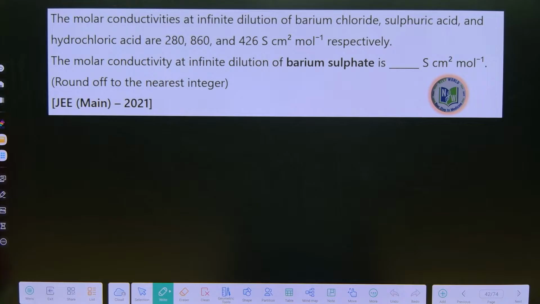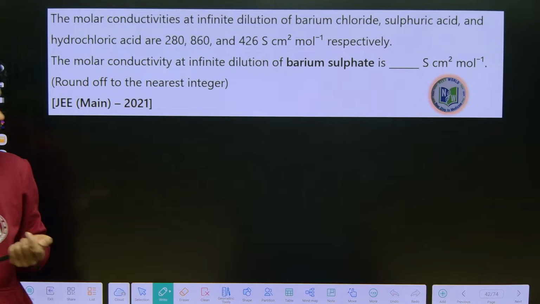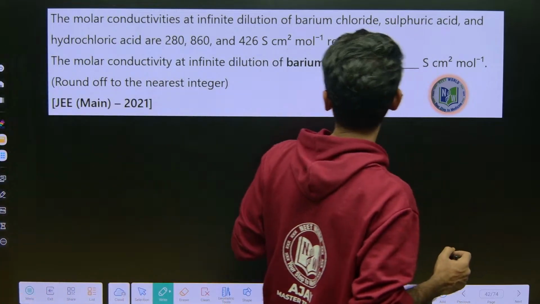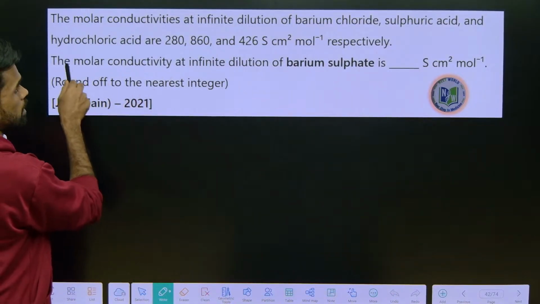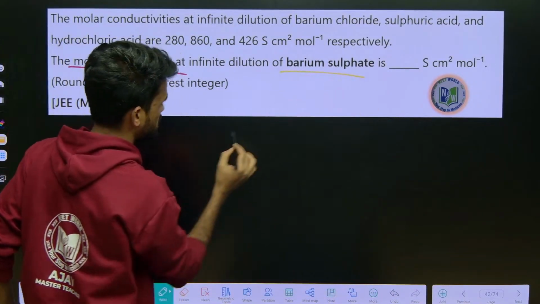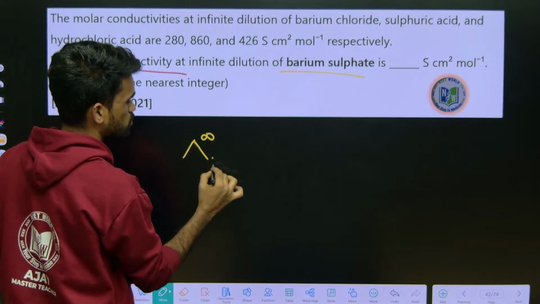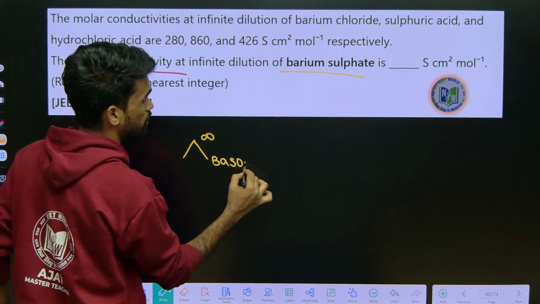Yes, tell me, anyone in the chat box can answer this. So you can try this. What they are asking? The limiting molar conductivity of barium sulfate. Very easy, guys. Just take the limiting molar conductivity of barium sulfate, no?